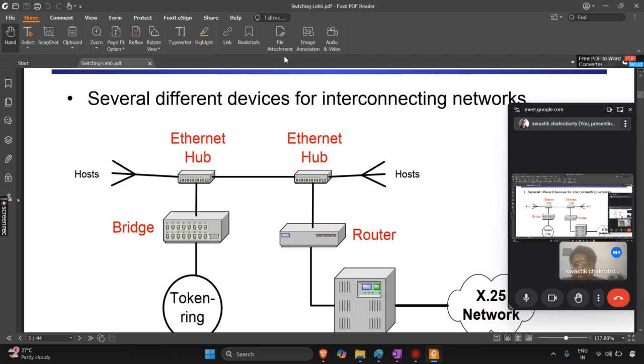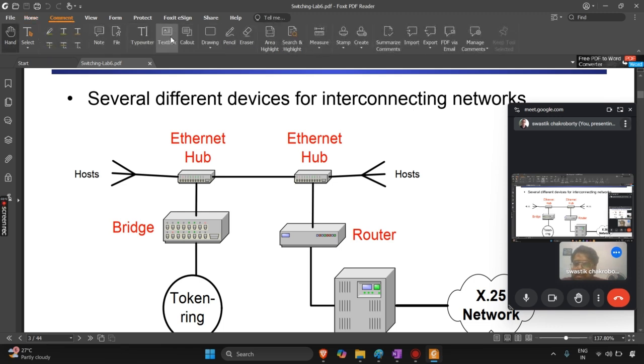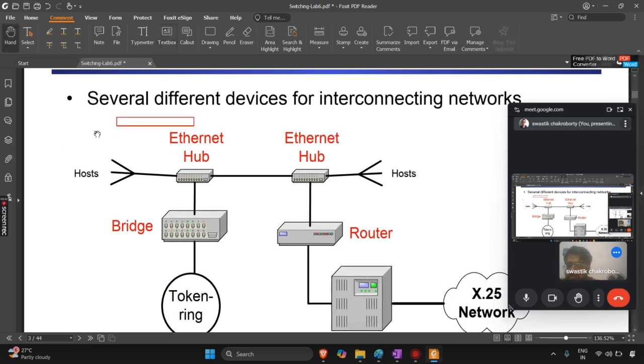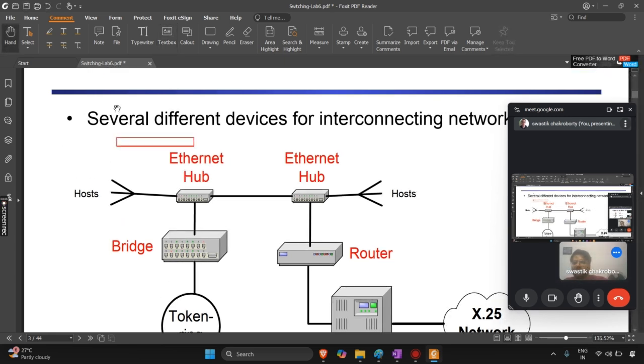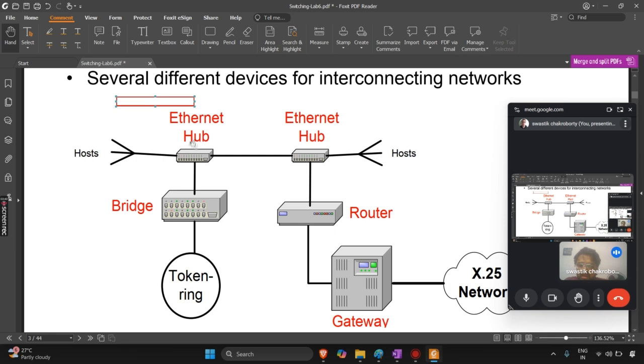So this is a heterogeneous network. This means it has multiple connections.